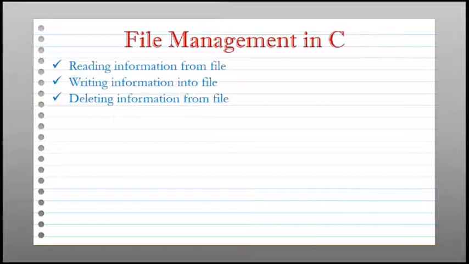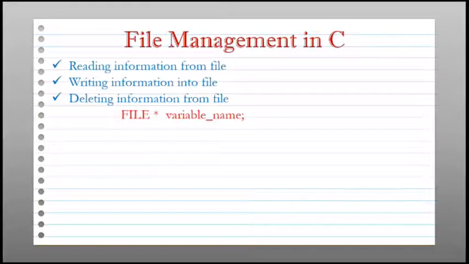Just like the data types int, float, char, etc., there is another data type called FILE, which is used to declare a file variable. The data type FILE should be written in capital letters. To perform any operations on a file, we need a pointer variable of type FILE.